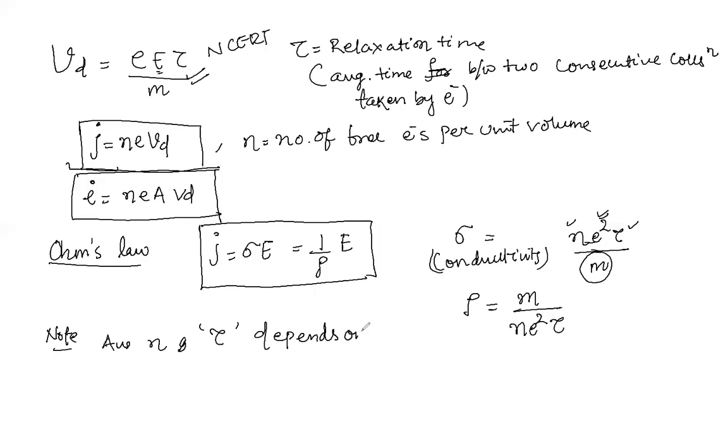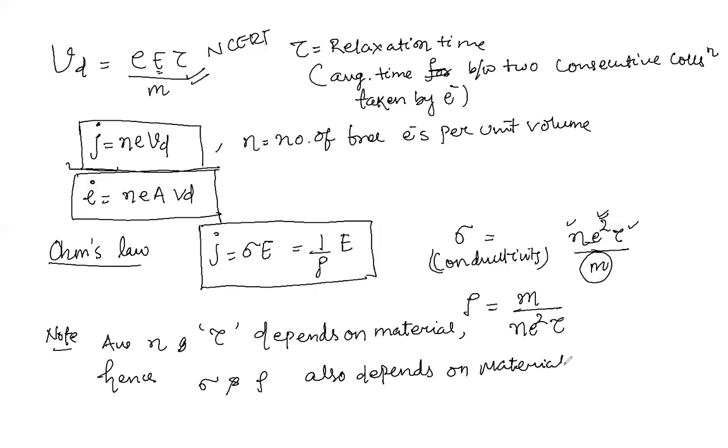Hence σ and ρ also depend on the material. What are the other factors on which these two things depend? We will study in the next part. So let me keep it inside a box, how σ and ρ depend on the material.